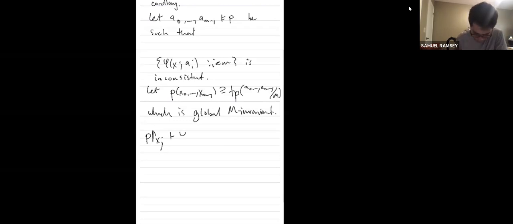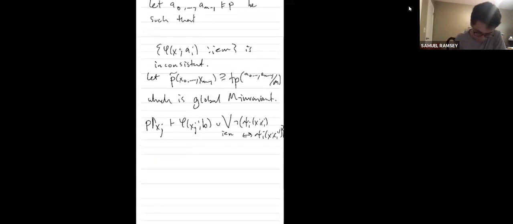So this implies phi xj b, or a disjunction of i less than n of not ci x ci if and only if ci x c prime i. P proved this, so the global type has to prove this because it extends p. Sorry, I should put a tilde here because it's extending the type that we chose.